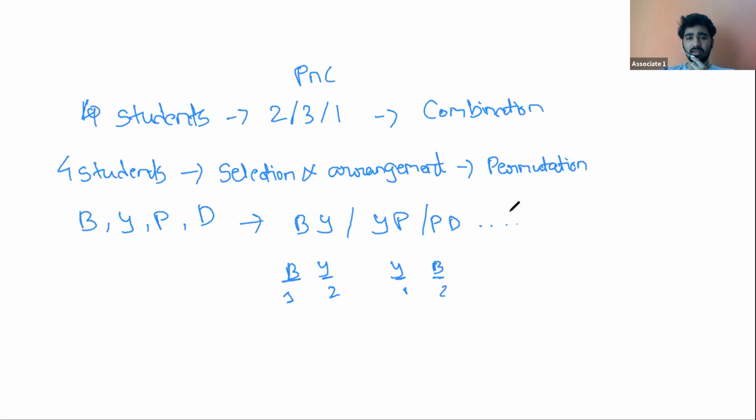BY, YP, PD, and any other combination which is possible. Over here, we have to arrange. They have assigned us two seats, and there is a number on each seat. So on one B sits, on second Y sits, and another possibility is Y and B. That is the reason this is known as permutation, and this is known as combination. I hope this is clear. Is it clear?